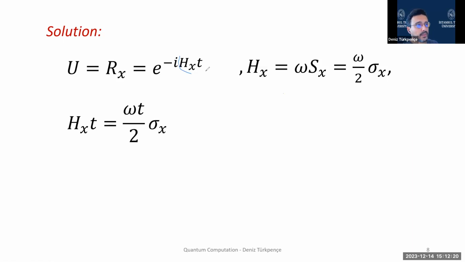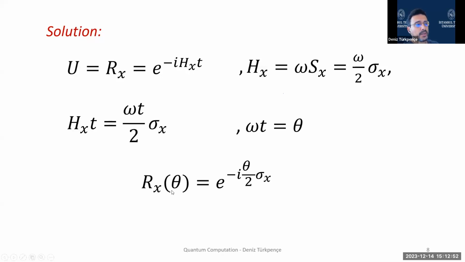If you multiply this with t, because we have an omega t in the formula, this omega is a frequency which has a unit of inverse time, and t has the unit of time, of course. When we multiply this, we will have a dimensionless quantity, which we call the radian angle, okay? This theta is equal to omega t. So therefore, the rotation operator will become this exponential form, okay?